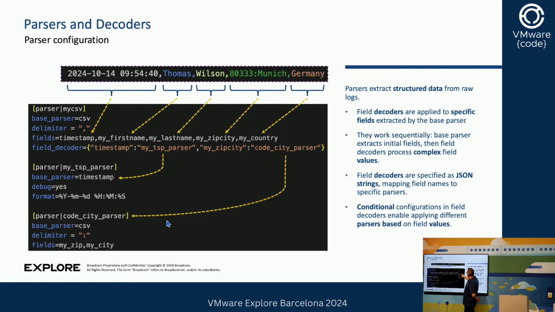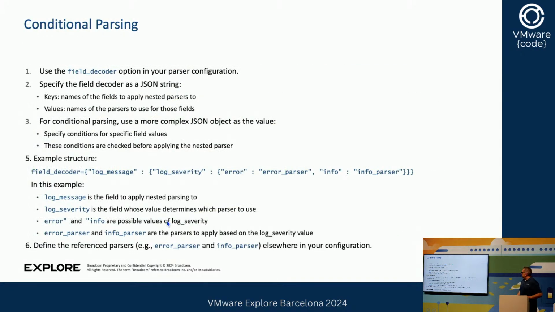For the zip city combination we're using this parser. So this is how it works with nesting parsers and using them to get the information you need.